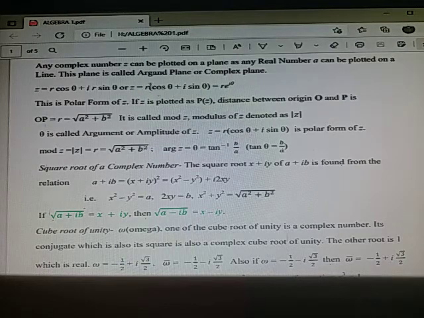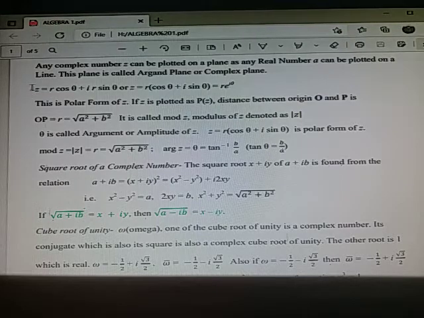So modulus is r and argument is theta, and e to the power i theta is written for the expression cos theta plus i sin theta. This comes from the exponential series. You will know it later, it is not necessary to know now, so I am not explaining this.